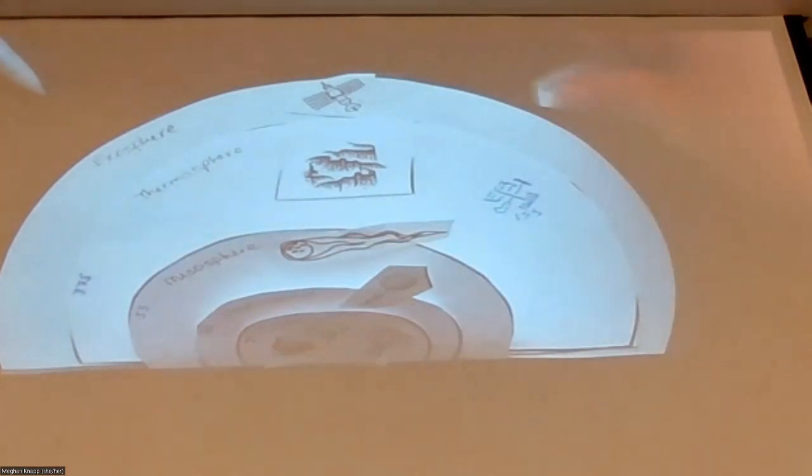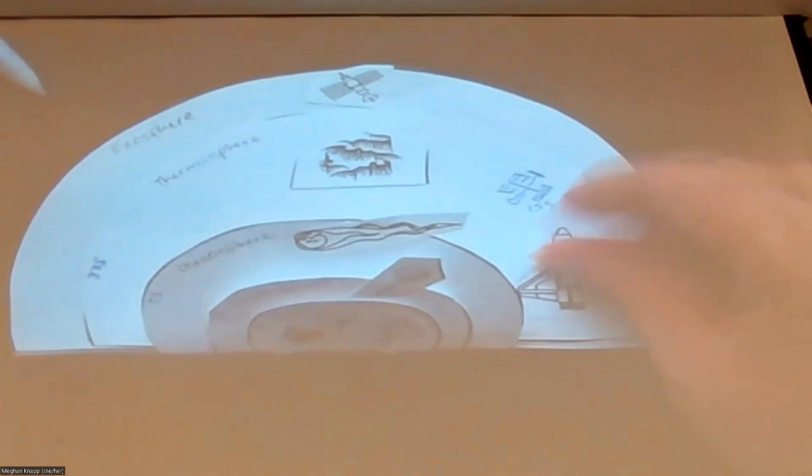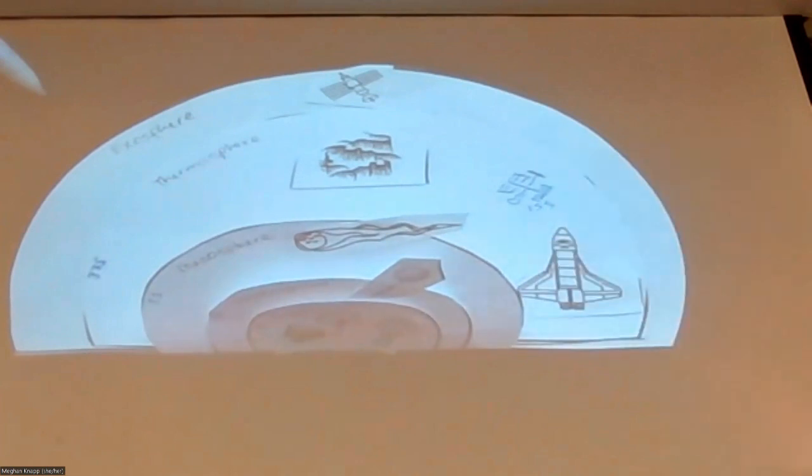And then our space shuttle, this little guy on the ISS is a space shuttle, so it basically goes in the same place that the ISS does.